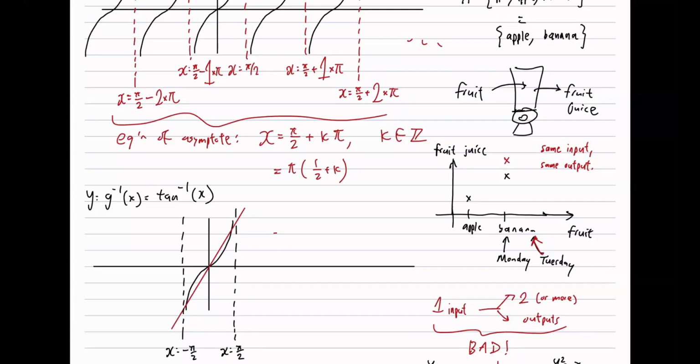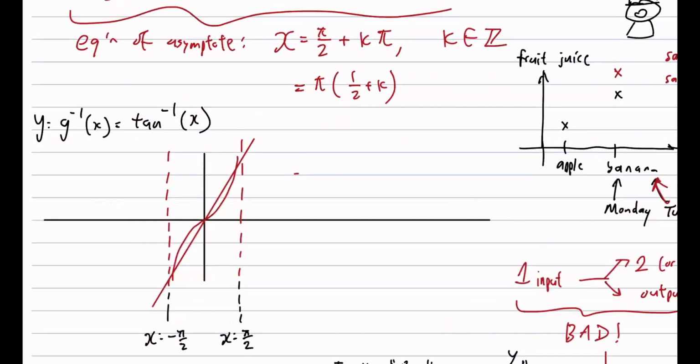So let me just change everything to red color to be consistent. Then I want this x-axis and y-axis to be black. Then let's say I use orange color to draw the graph. So what happens now is you have y equals pi over 2 and y equals negative pi over 2.